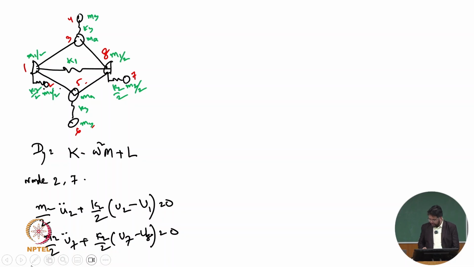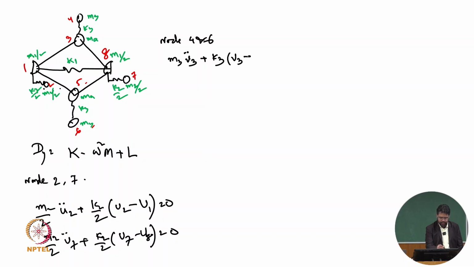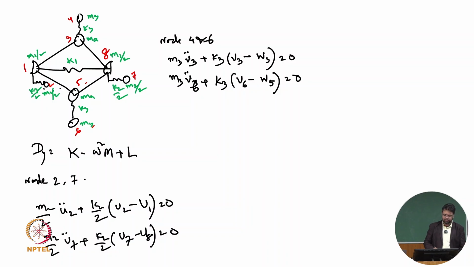Okay, now what happens for 4 and 6? Node 4 and 6, it will be m3 v3 double dot plus k3 into v3 minus w3, that is equal to 0, and m3 v6 double dot plus k3 into v6 minus w5, that is equal to 0.